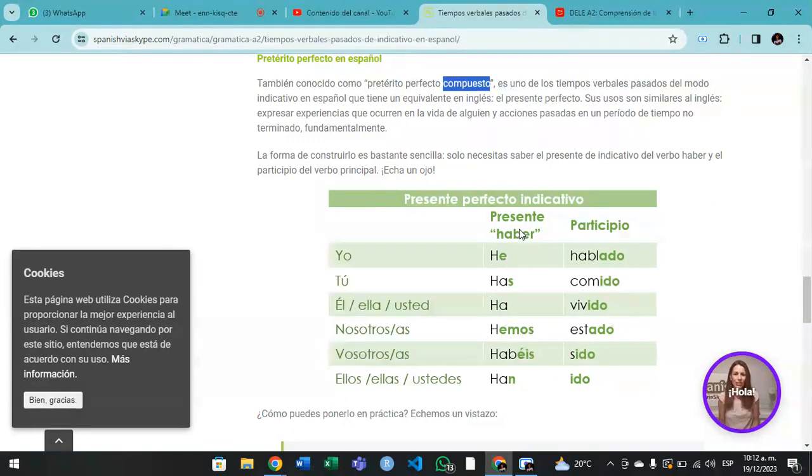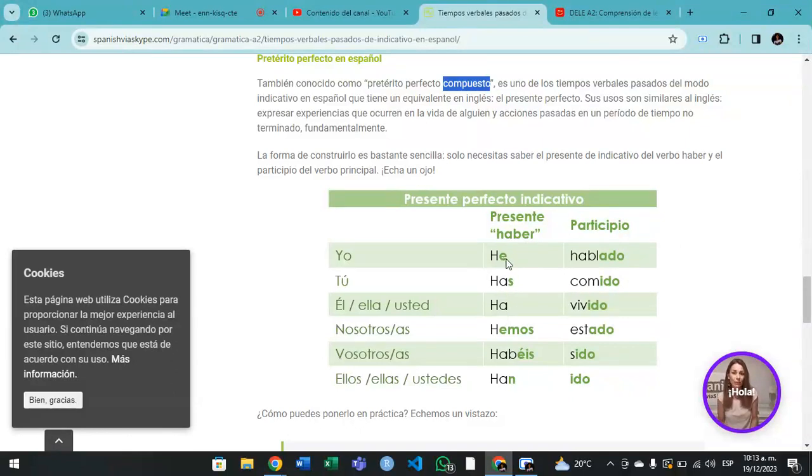Because in that context, we don't use the verb tener for have, we use the verb haber. And this is the conjugation.